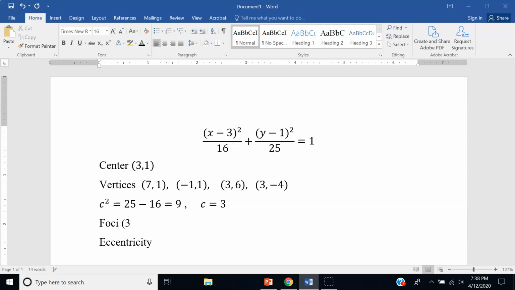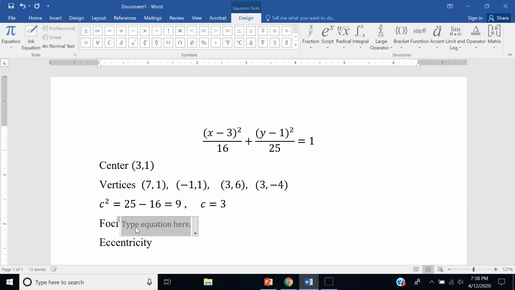So we take 3, 1, and add and subtract 3 to the y values. If I add 3, you end up with 3, 4. And if I subtract 3, I end up at 3, negative 2.